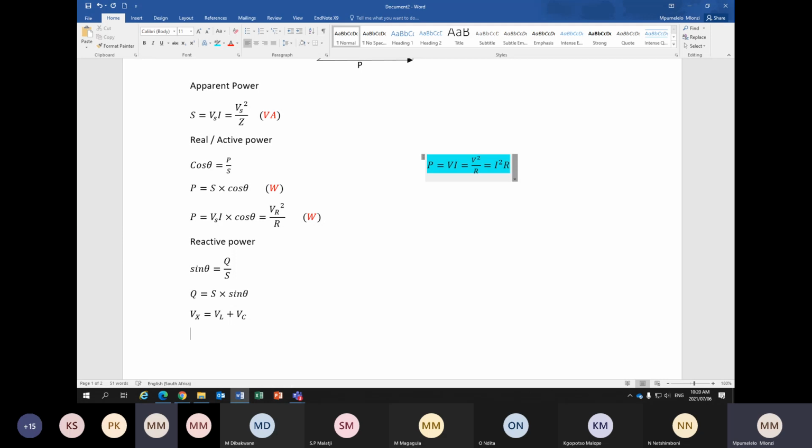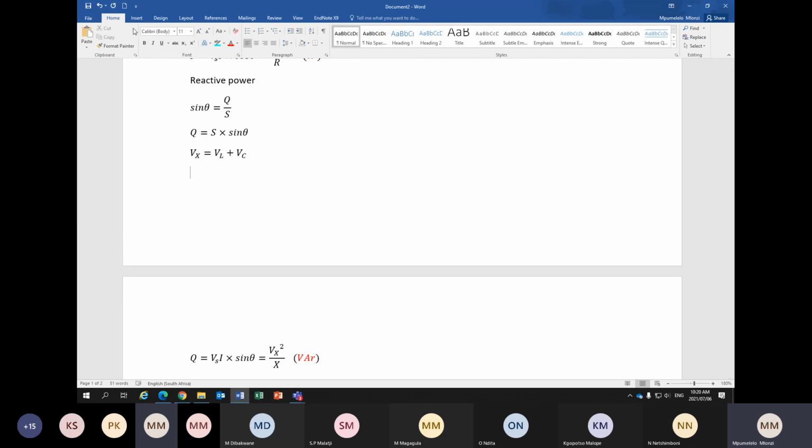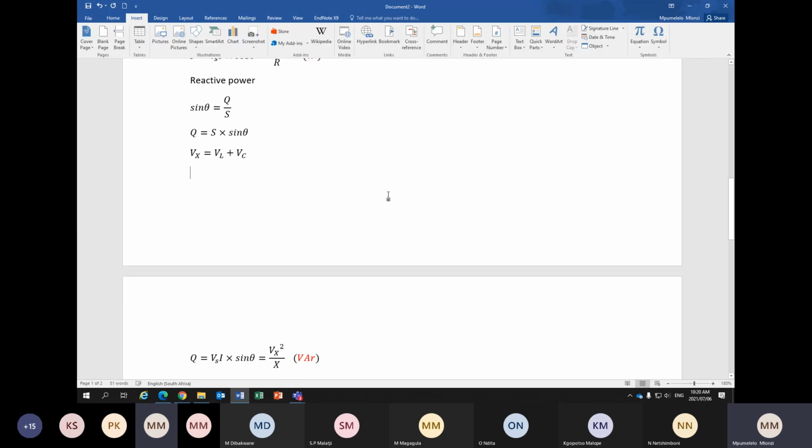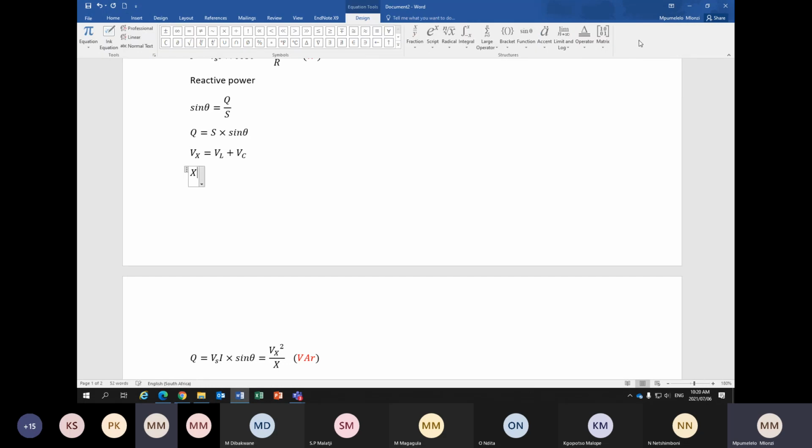This is the voltage you will use when you calculate the reactance. Where the reactance, this X, is equal to XL minus XC.